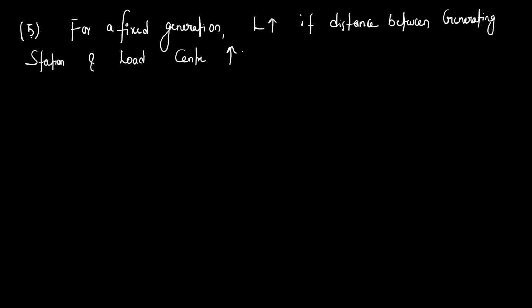How? Let us see. We know that incremental transmission loss I is equal to PL divided by P, where PL is the losses that occur from the generating station to the load center, and P is the total power generated by that generator.